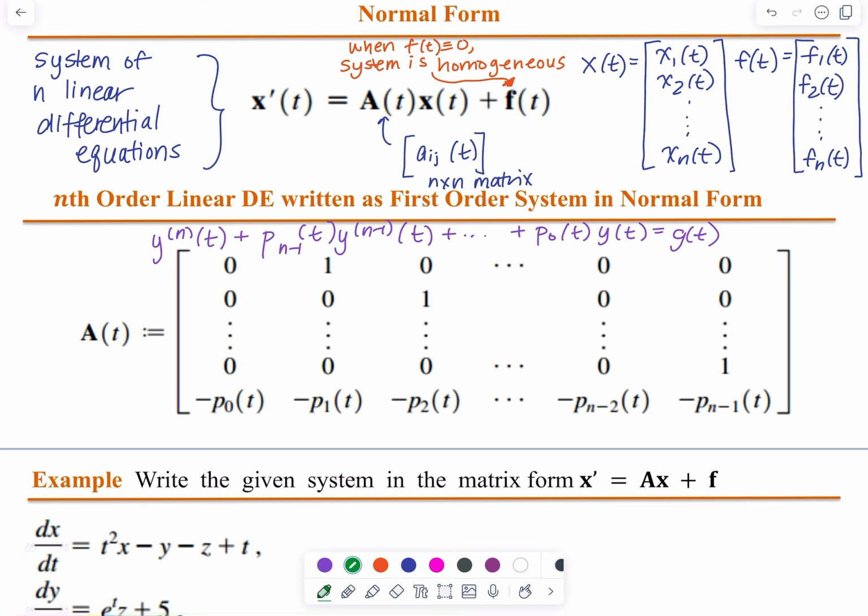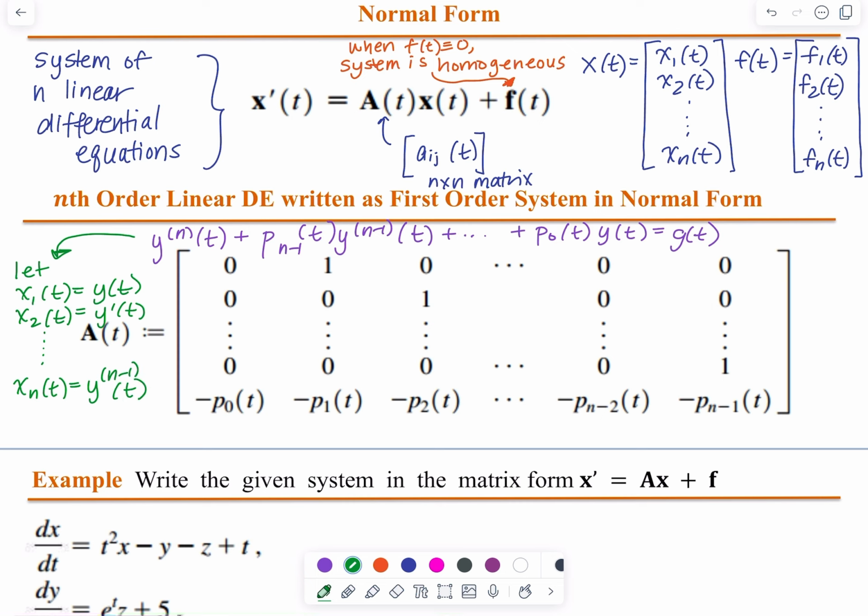So we did this by letting x1 of t equal y of t, x2 of t equal y prime of t, and so on all the way to xn of t, which was the n minus 1th derivative of y.